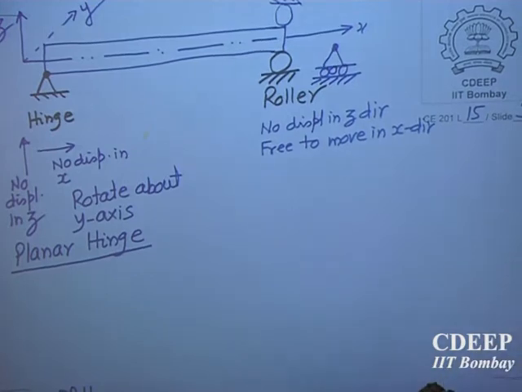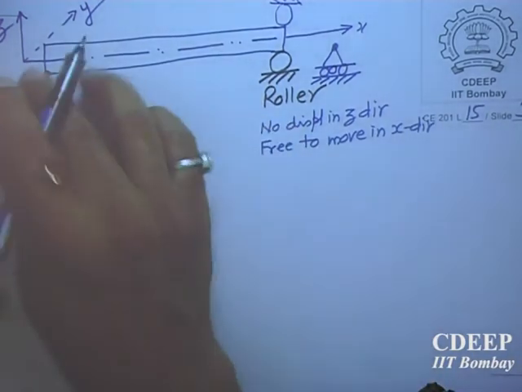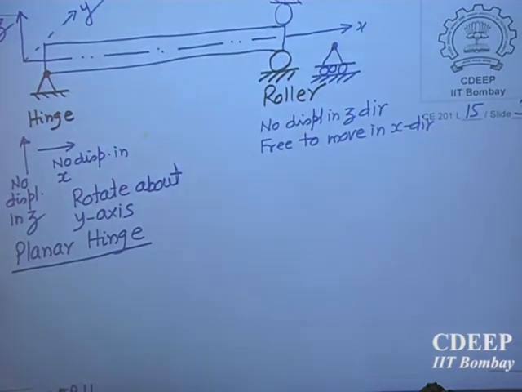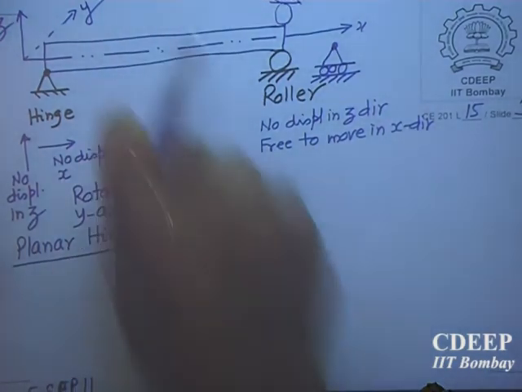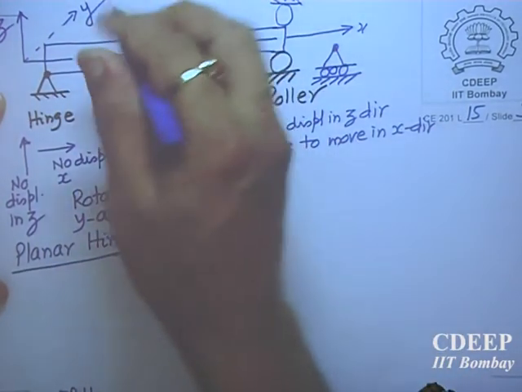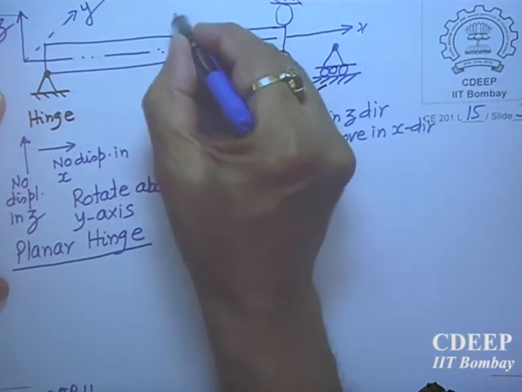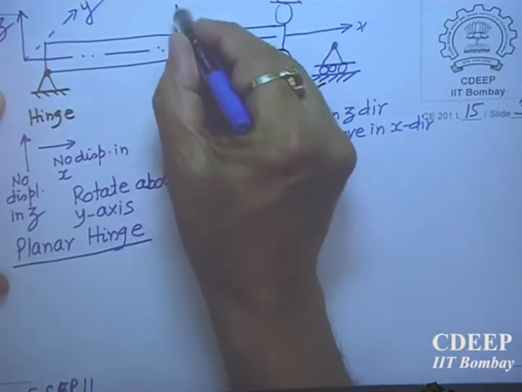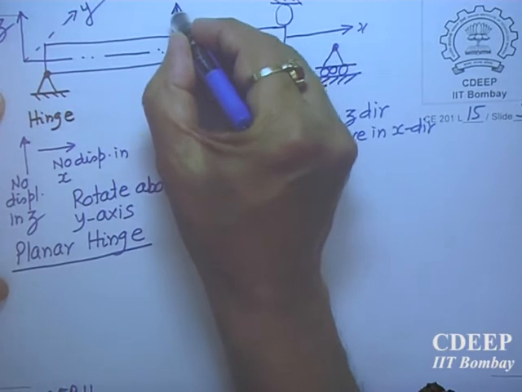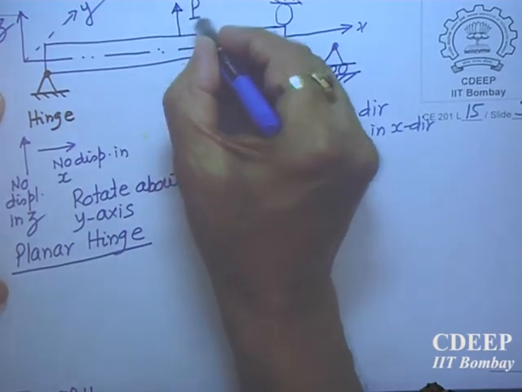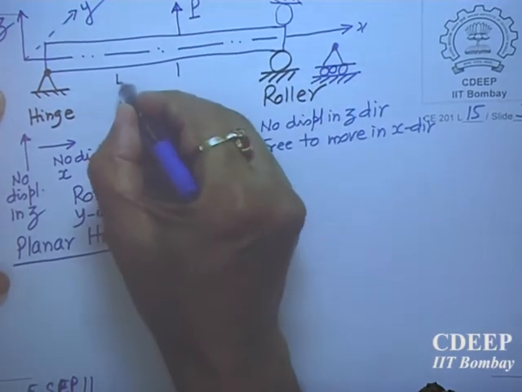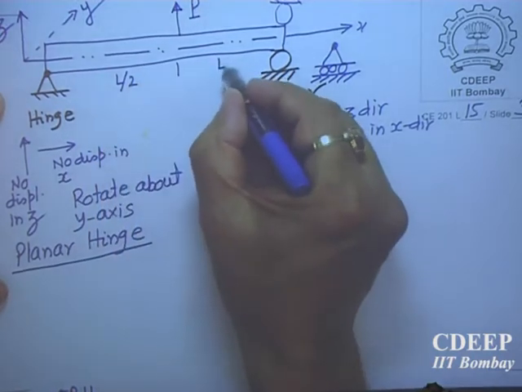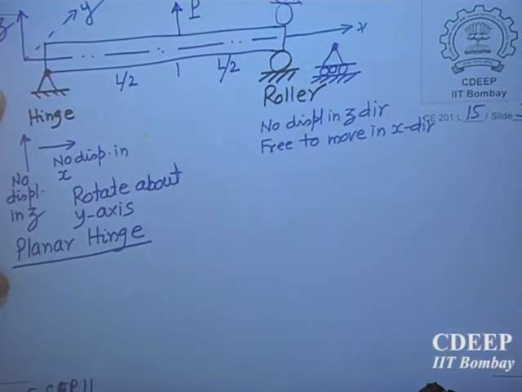If you support it like this, and now it is subjected to a simple load, let us say a load in the center, capital P, at L by 2, I have applied a transverse load.